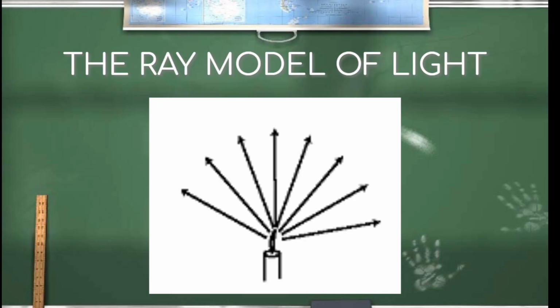So rays of light, which is what we call the lines, are just going out in all directions, but all in a straight line, right? When light moves, it doesn't go around things. It goes in a straight line, and it hits things. And when it hits stuff, things happen. And that's basically what we're going to be talking about today.